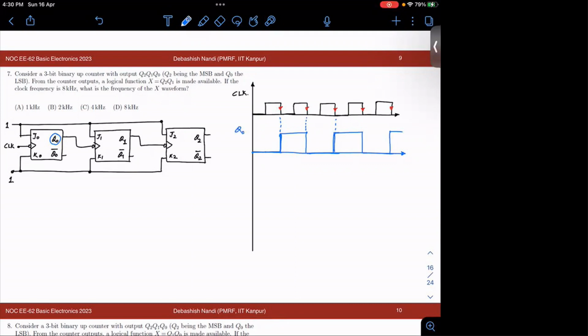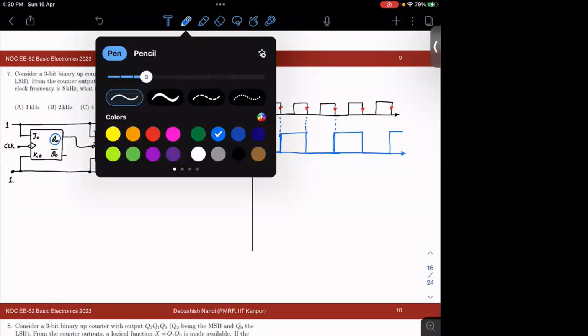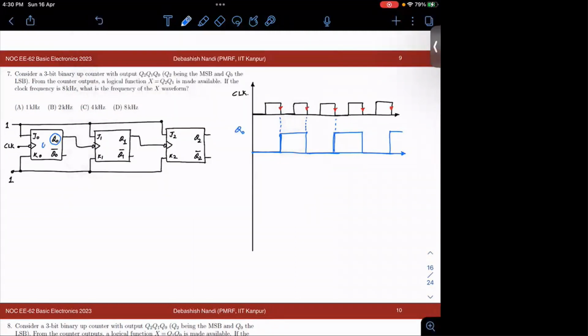Fine, now you note that this is flip-flop 0, this is 1, this is 2. For your flip-flop number 1, your clock input is nothing but Q0, okay? Q0 acts as the clock to FF1.